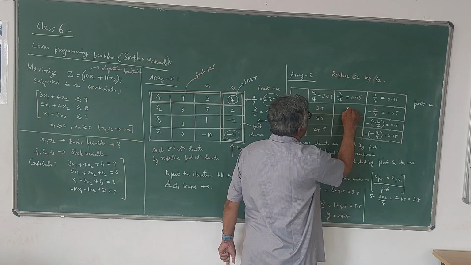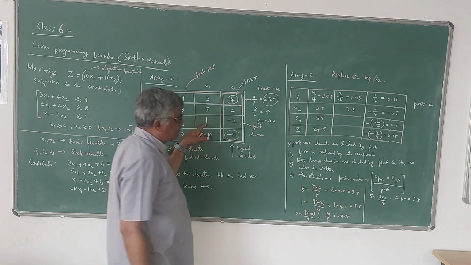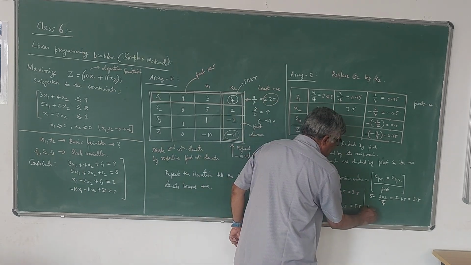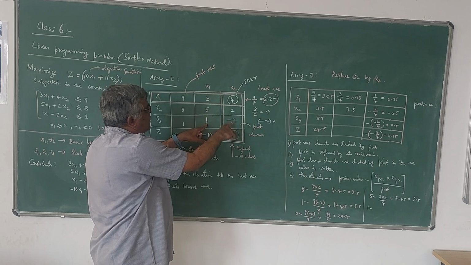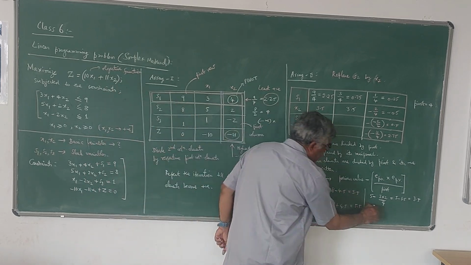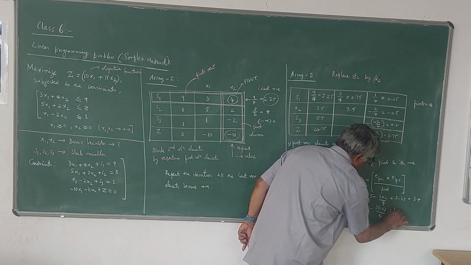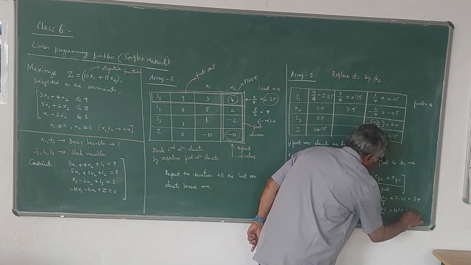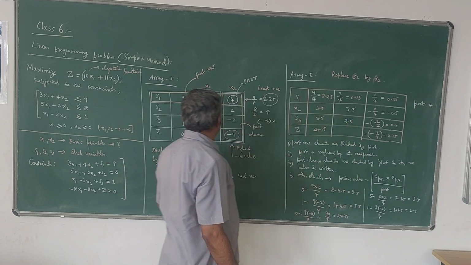It becomes 3.5. Got it? Next, 1. 1 minus corresponding 3 into minus 2, 3 into minus 2 divided by 4, which is 1 plus 1.5, 2.5. So this value is 2.5.